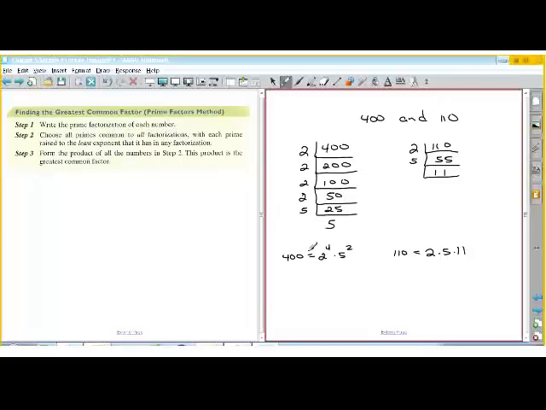Step B says choose all primes common to all factorizations. So we look at the factorizations and see which prime numbers are in both factorizations. The 2 and the 5 are in both factorizations, but 11 is only in this one, so we don't list it. And then we look at the exponents.